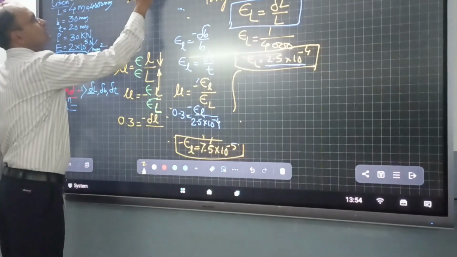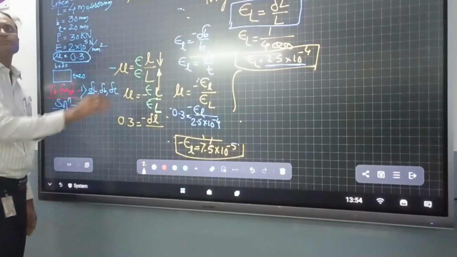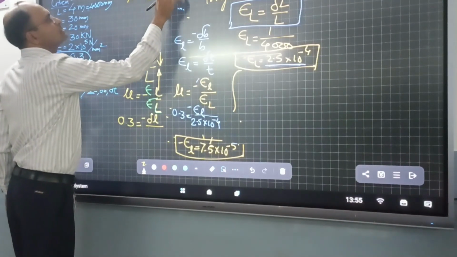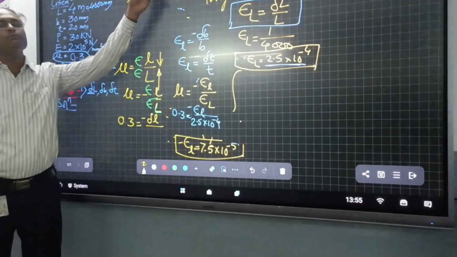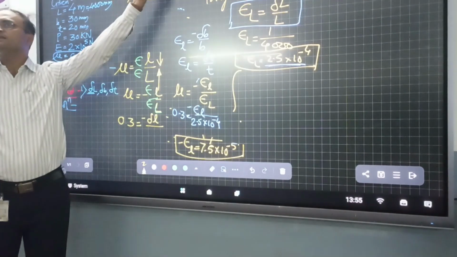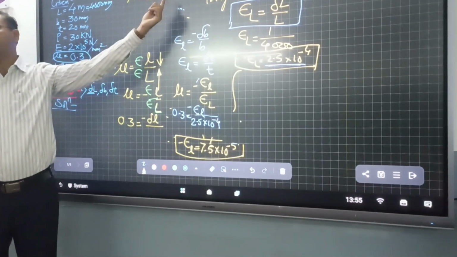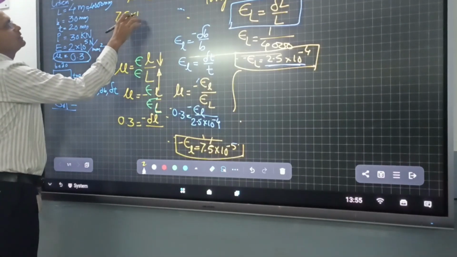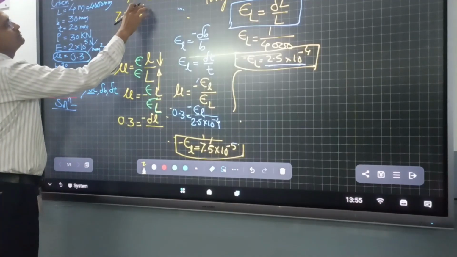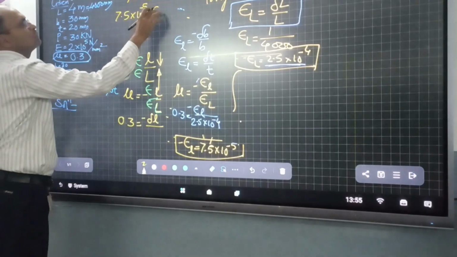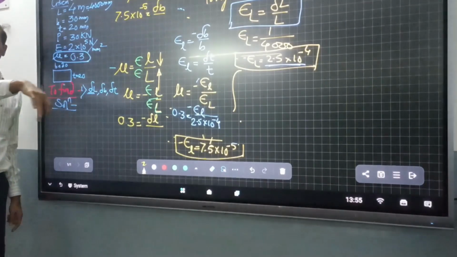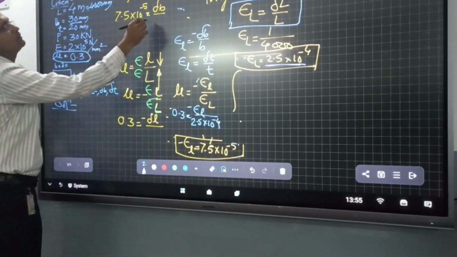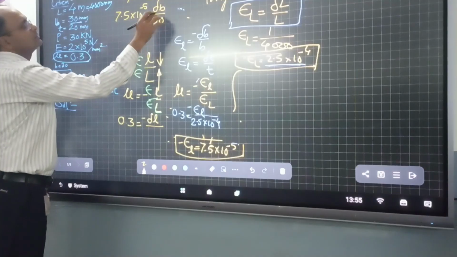One is delta B upon original B, and other one is delta T upon original T. Change in breadth upon original breadth, change in thickness upon original thickness. Okay, this value is 7.5 into 10 raised to minus 5 is equal to delta B we have to calculate upon original breadth. How much is it? Original width is 30.